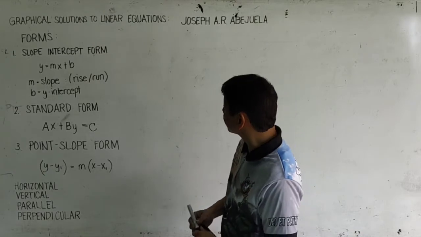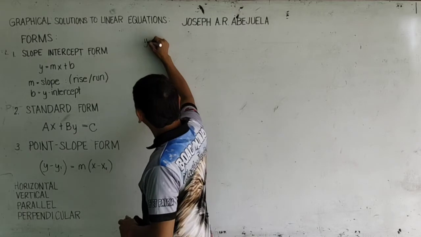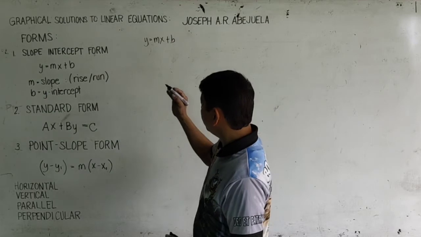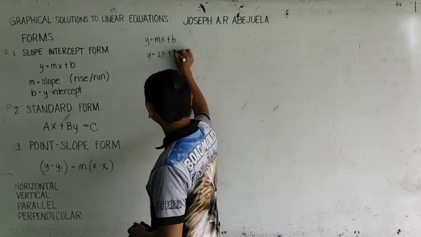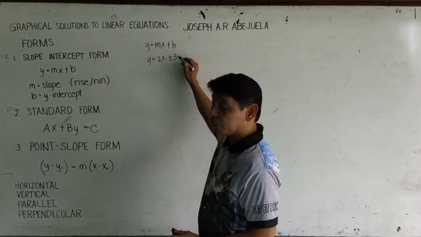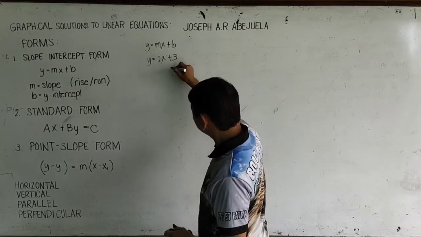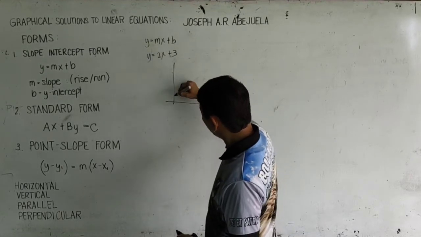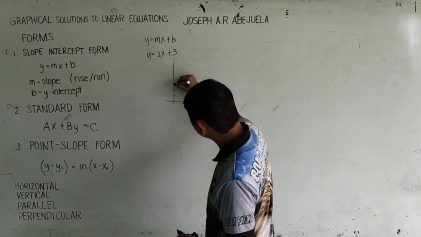Okay, so we'll have some examples. For slope-intercept form, we have y equals mx plus b. For example, we have y equals 2x plus 3. Here 3 is the value of y when x is equal to 0, and 2 is the slope. So graphically, when x is equal to 0, y is equal to 3.